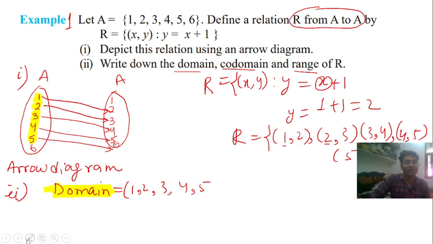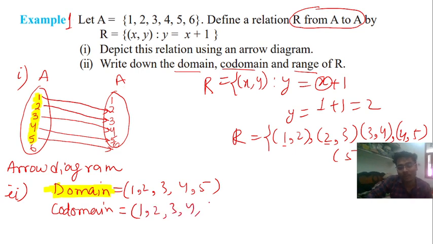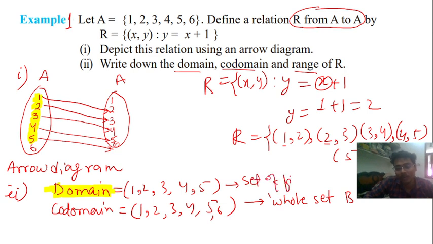Coming to the next part, we will write the codomain. Codomain is the whole set B. Whole set B means the whole set A on the second side, which is 1, 2, 3, 4, 5, 6. Whole set B is the image part, and the domain is the set of first elements in the relation.